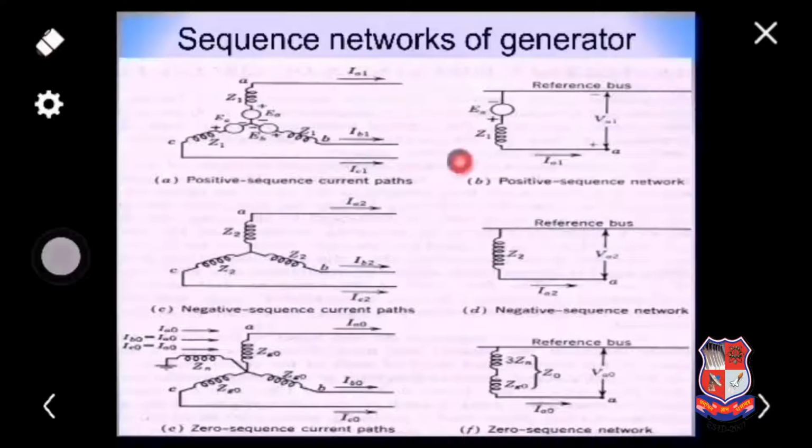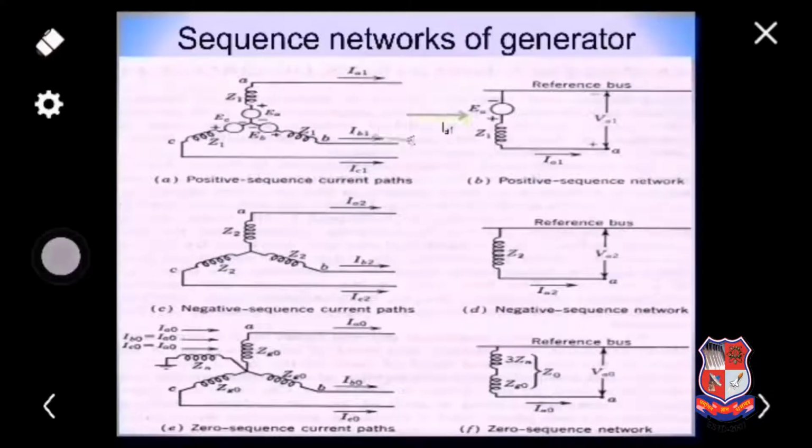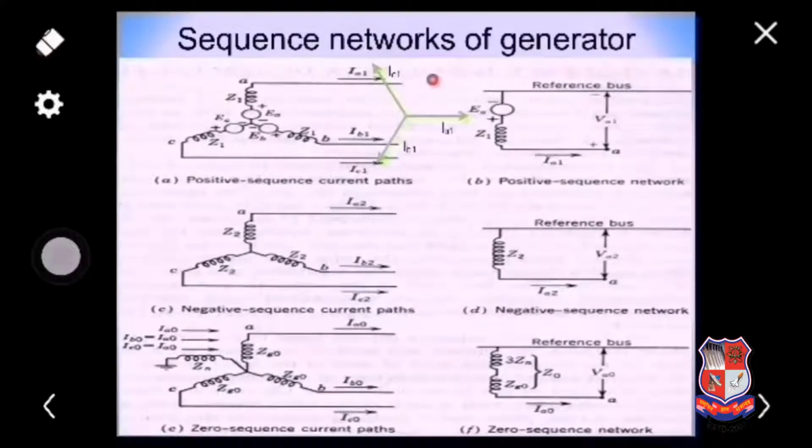When synchronous generator is unloaded, we can represent positive sequence network, negative sequence network and zero sequence network using this equivalent circuit model. Positive sequence network will always have a source in single phase representation. This is the positive sequence network representation, and we also know the phasor sequence like this: IA1, IB1 and IC1. You can see this is the clockwise direction for the sake of simplicity of the understanding.